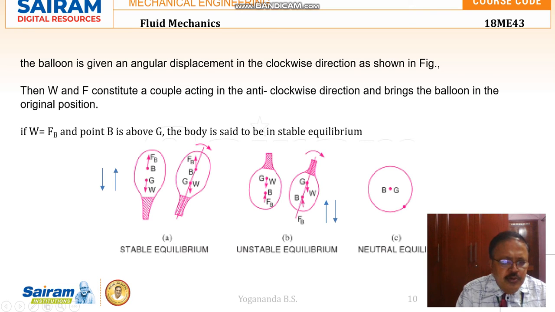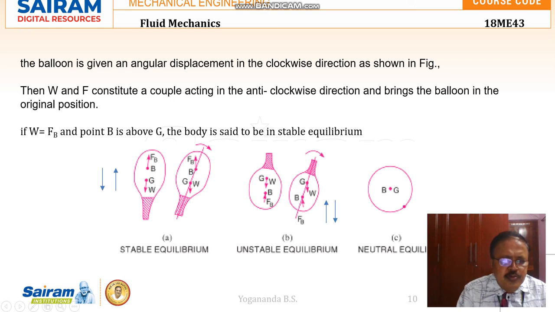So this W acting vertically downwards and this FB acting vertically upwards are forming a couple producing anti-clockwise rotation. The twist given here is a clockwise rotation, and this couple is producing anti-clockwise rotation.